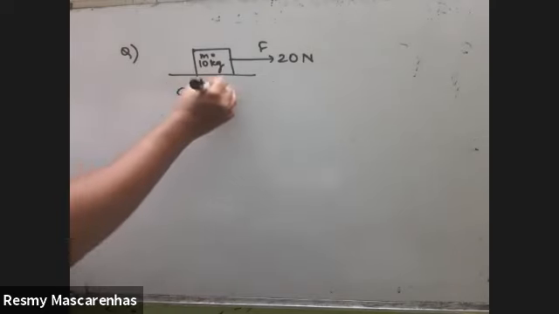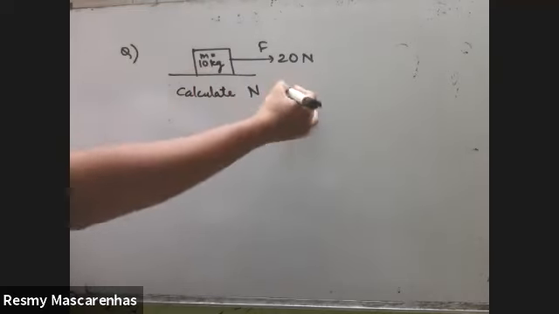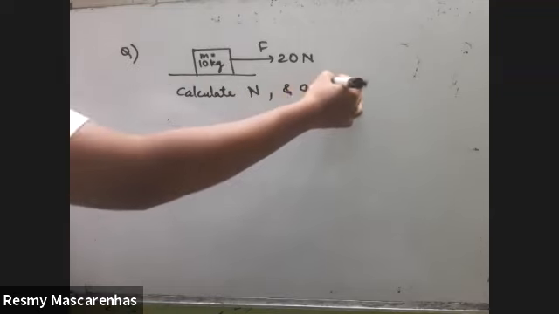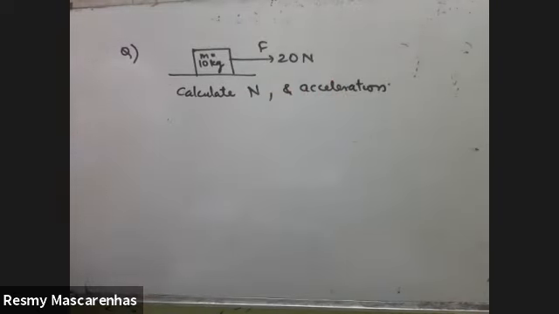Calculate the normal N and the acceleration. These are very simple problems. You just have to try to understand this. That's the question: a 10 kg mass is pulled with a force of 20 newtons.